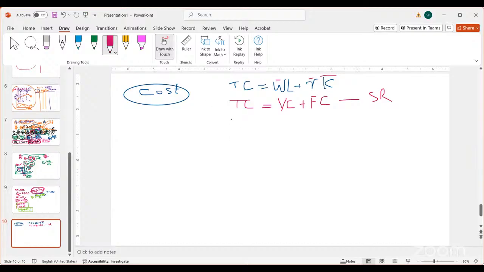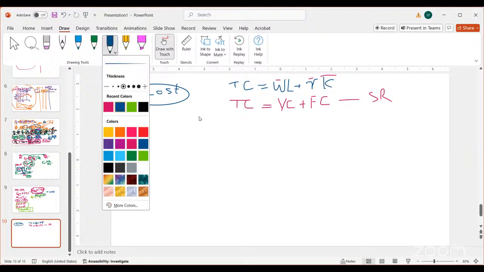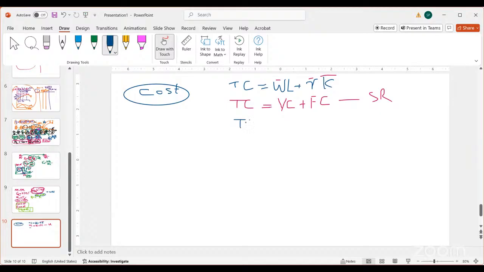Now in the short run, dividing this by Q, you can find the average total cost.